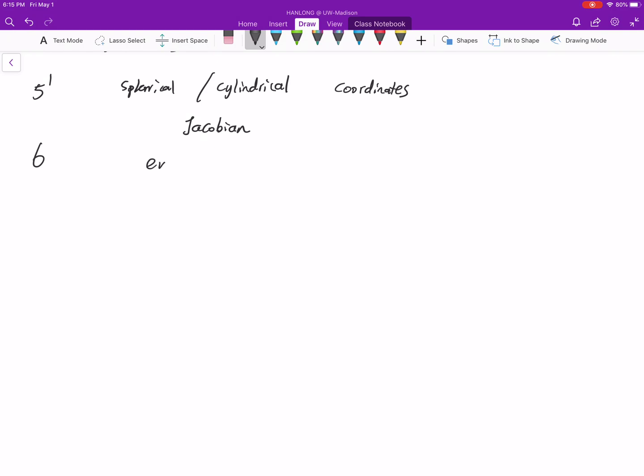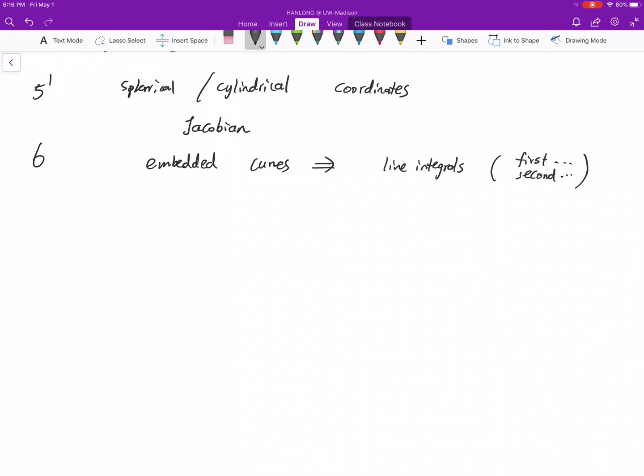For example, embedded curves. From that, we have the line integrals. And by the physical property of the definition, you will have two kinds: first kind, second kind.